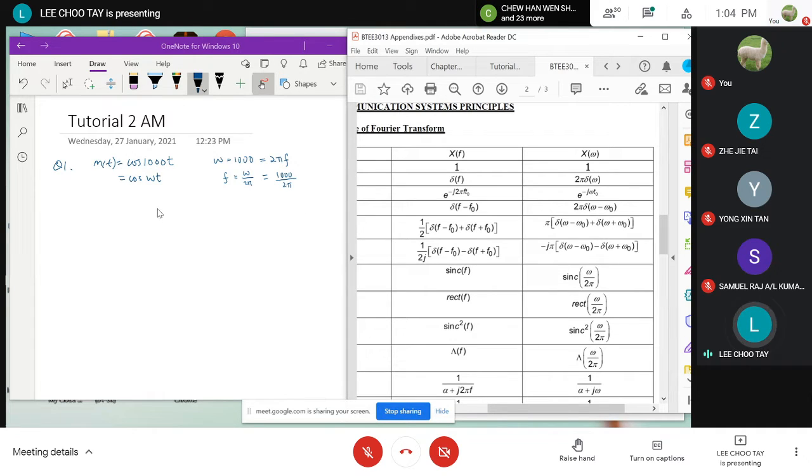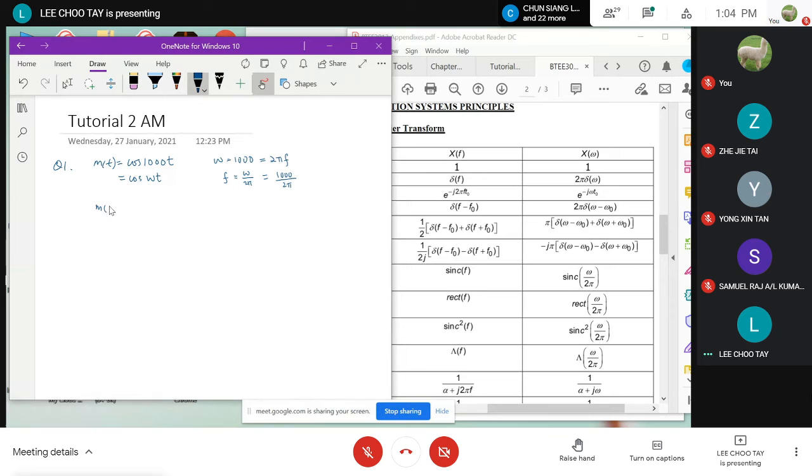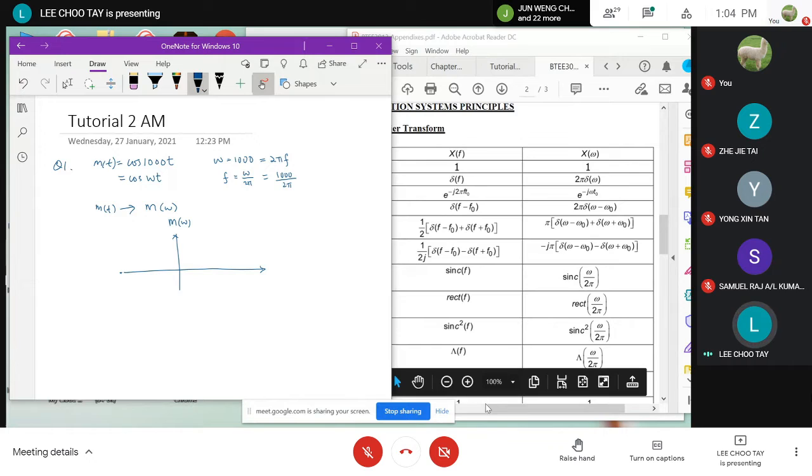All right, so let's do a quick plot of the spectrum. For M(t), the Fourier transform, I call it M(omega). So I'm going to convert into M(omega), and if I were to draw it, this is M(omega).